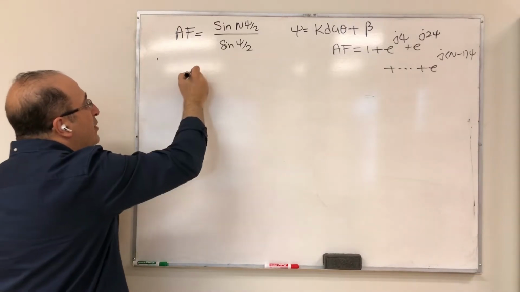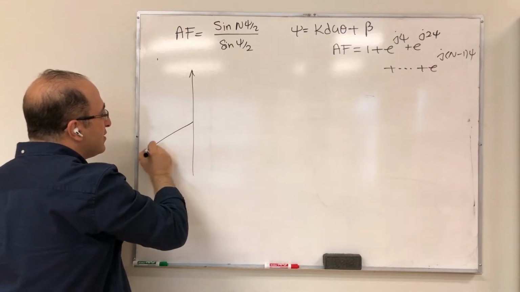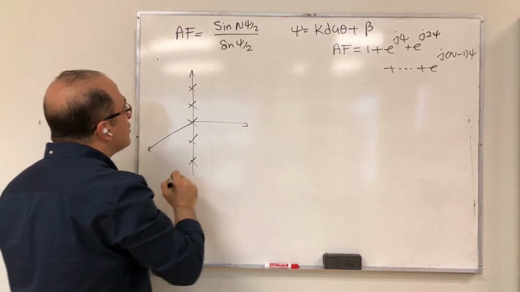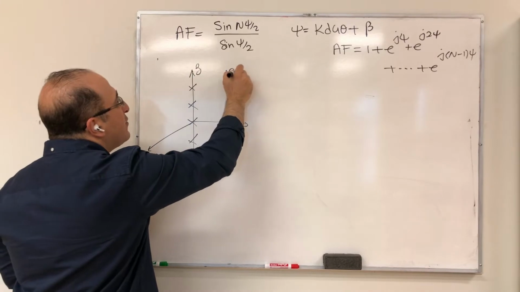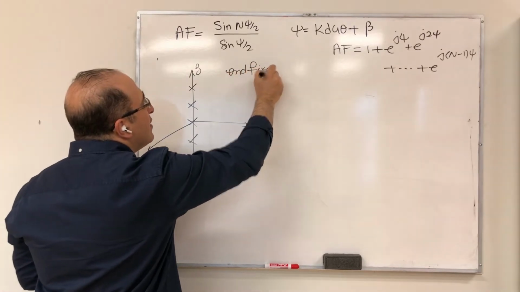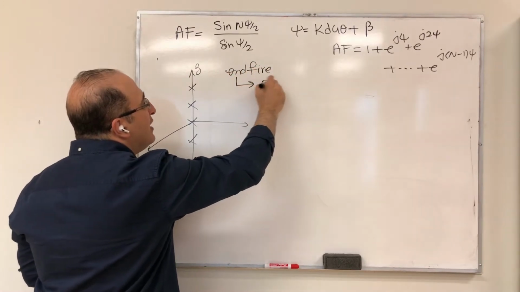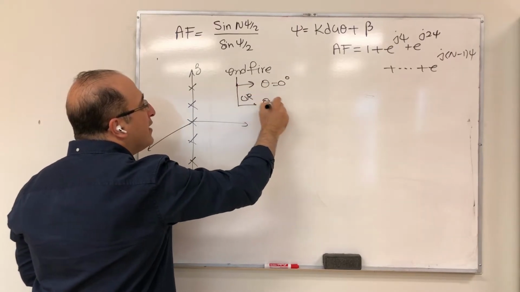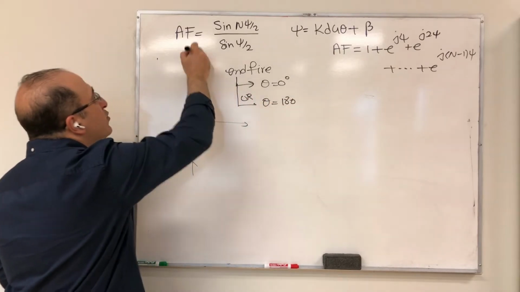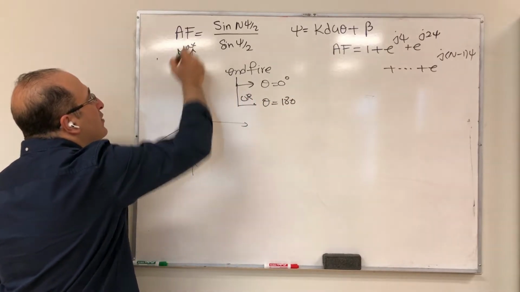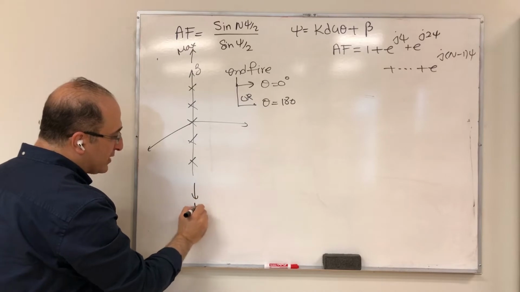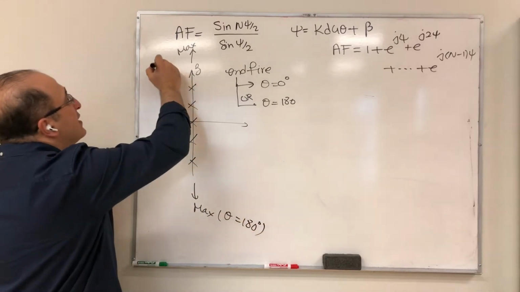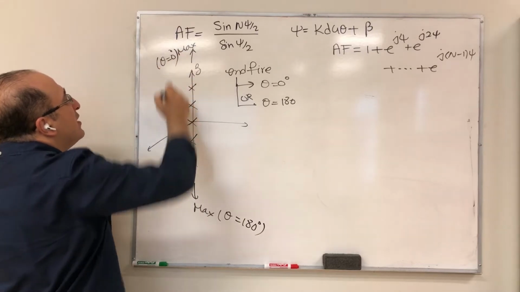Assuming that the elements are on the Z axis, like this, endfire essentially means main beam either at theta equals 0 or at theta equals 180. So this would be the maximum of the array factor, or this would be the maximum of the array factor. Of course, this is theta 180, and this is theta equals 0.